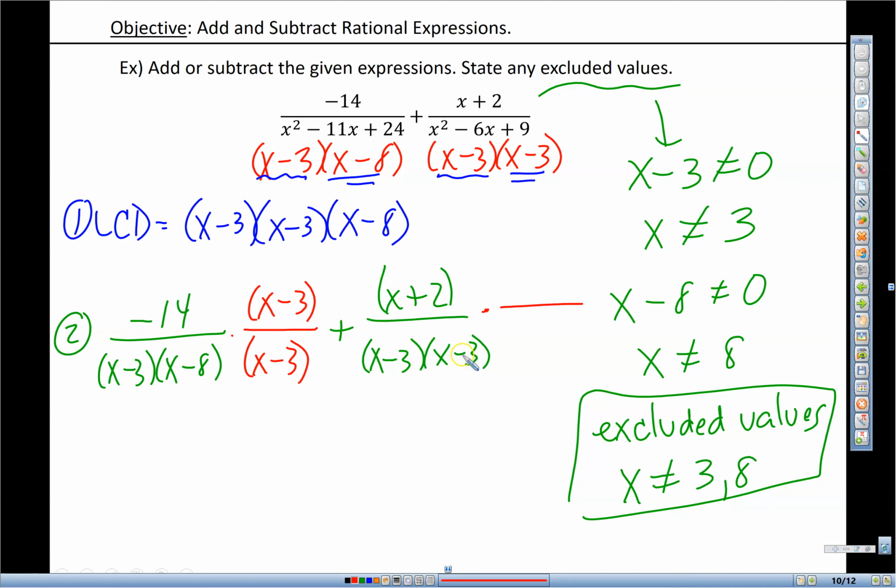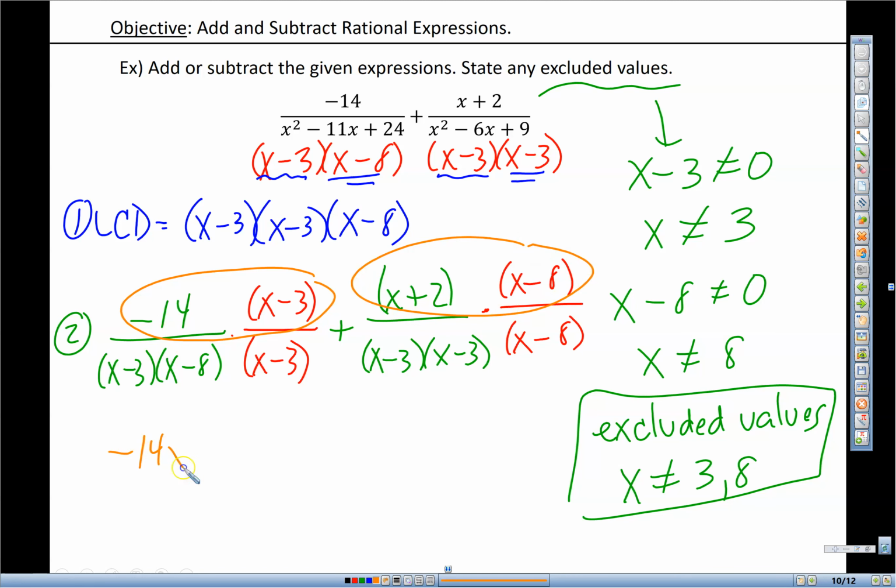So here I have two x minus 3's. I need the x minus 8 to match that LCD. So now, remember, we're going to have to multiply numerators together. So we're going to distribute the negative 14. That's going to give us negative 14x plus 42 over the LCD. And you can write your LCD this way if you want to, with your x minus 3 quantity squared.